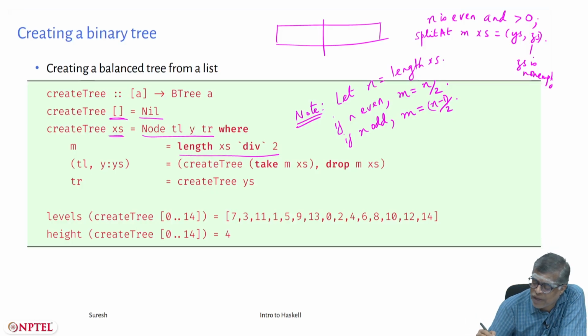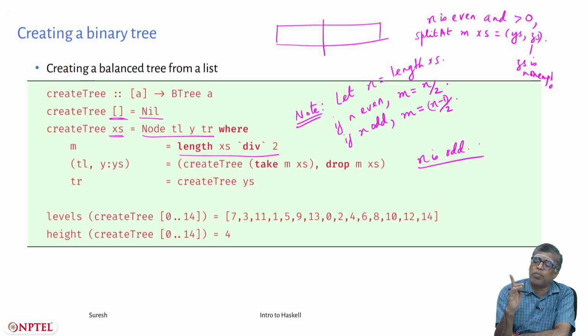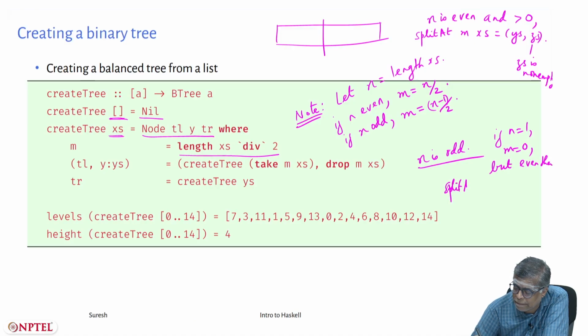Whereas if n is odd, in the very worst case, n could be 1. If n is 1, m is 0, but even then, split at 0 xs equals ys, zs, where zs is non-empty.